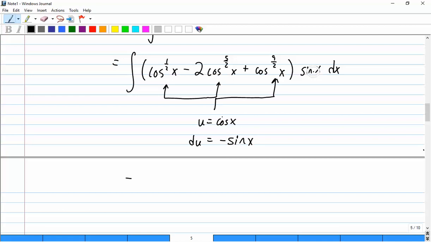The sine is present. That's why we brought that out. The sine is the du for all three. And now I can rewrite this as the integral of u to the 1/2 minus 2 u to the 5/2 plus u to the 9/2 du.